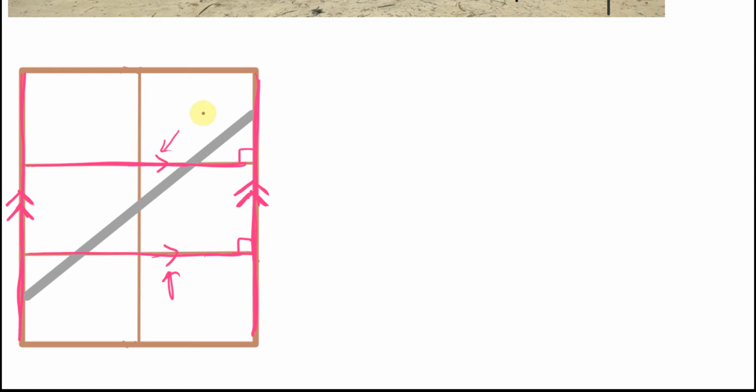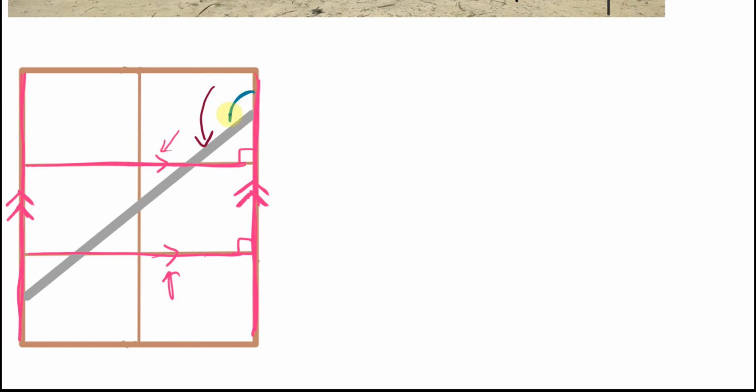Now if we look at this grey line here, we're pretending that this is a piece of masking tape that we've taped across the whole window, and that line goes from one of the parallel lines to the opposite parallel line, and so the angles that we're interested in are the angles that are touching each of the parallel lines.